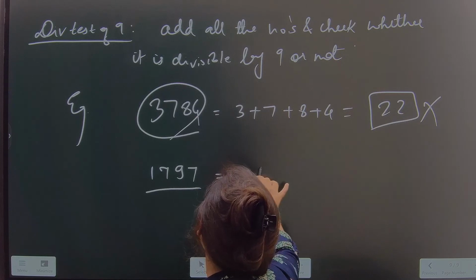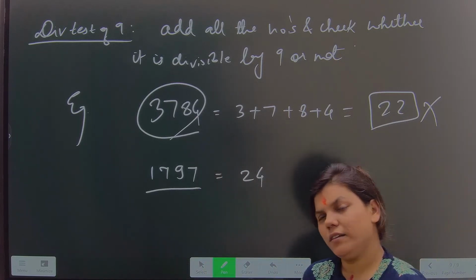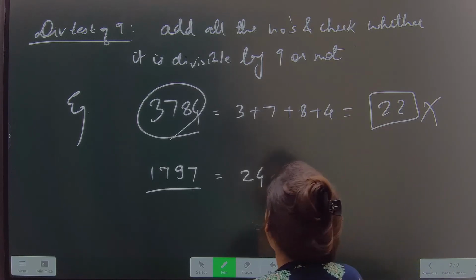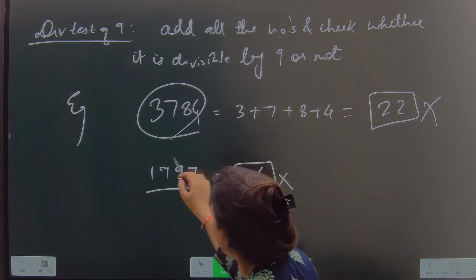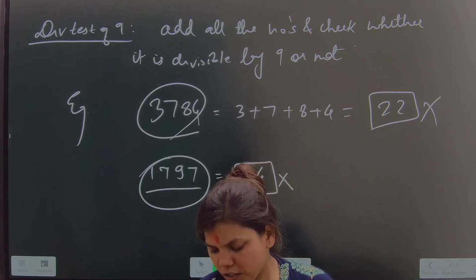It is 24. So is 24 divisible by 9? Does 24 come in 9's table? No, it does not. So 24 is not divisible by 9. Hence, the whole number is not divisible by 9. I hope you've understood till here.